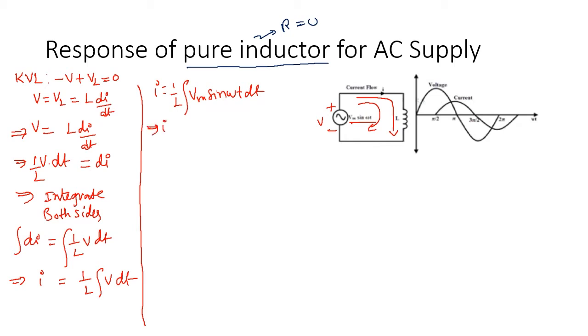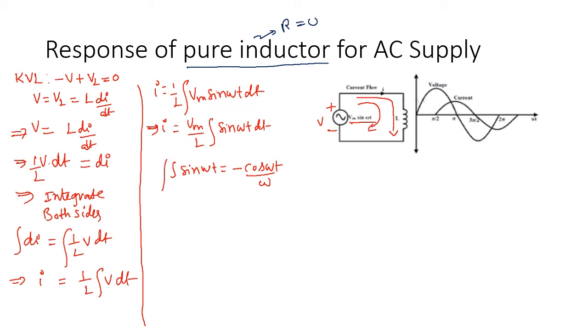So I is equal to, Vm is a constant, you can take it outside, Vm by L integral of sin omega t dt. You know that when you integrate sin omega t, you will get minus cos omega t by omega.